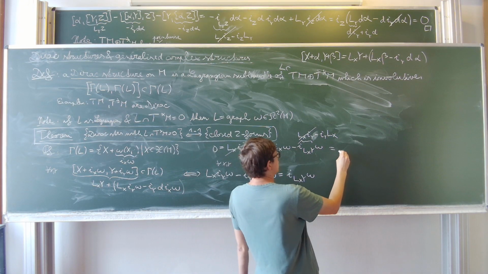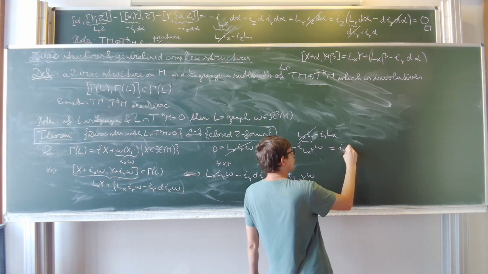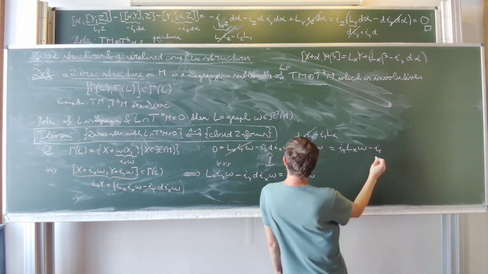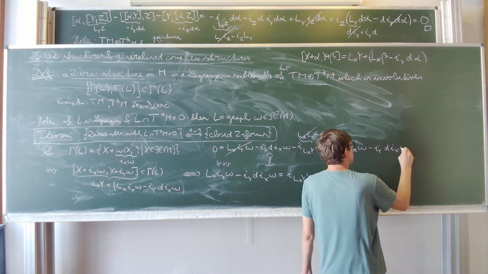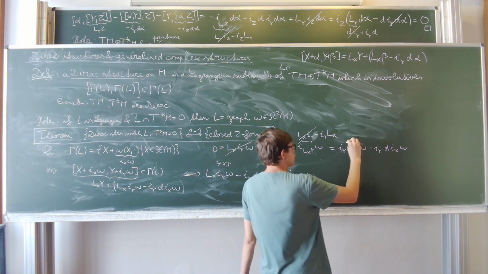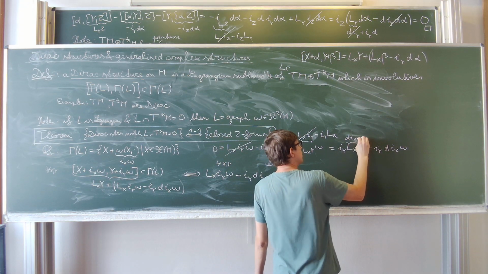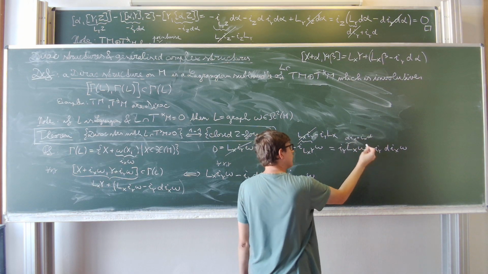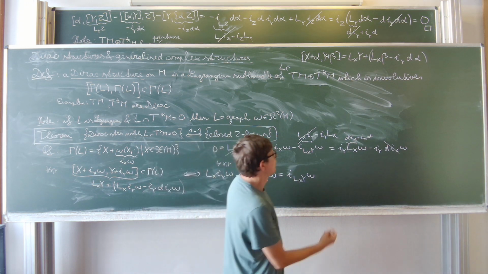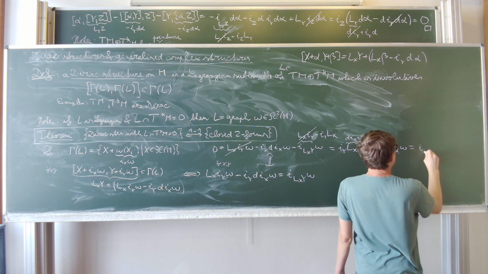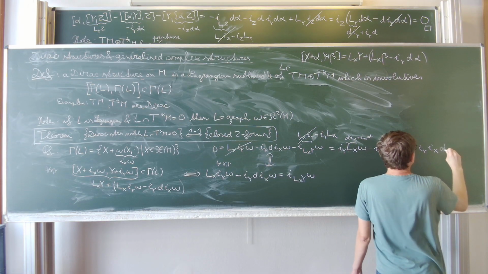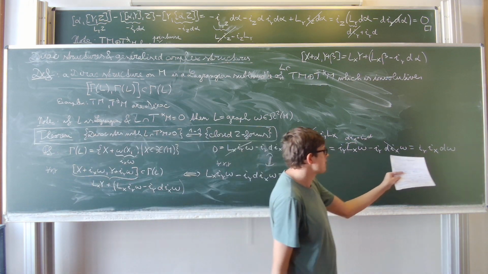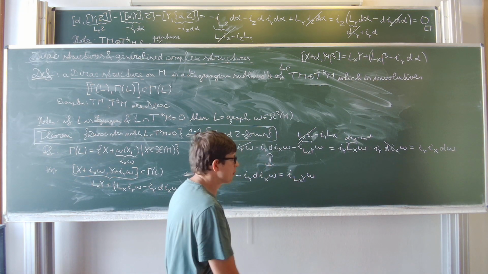This one will be plus, and this one will be minus. And as before, the usual magic: this thing is just d I_X plus I_X d, and you see that the first term kills that guy. So all that is left is I_Y I_X of d omega. So this equality for all X and Y is the same as this thing being 0 for all X and Y, which means d omega is 0.